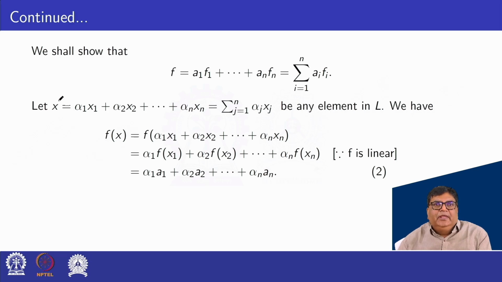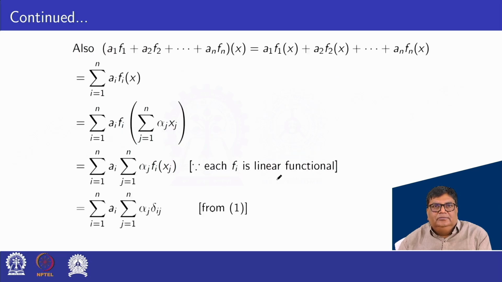We have f(x) is equal to f of this term, and f is a functional, so we can write alpha 1 f(x1) plus alpha 2 f(x2) plus and so on alpha n f(xn), because f is linear. f(x1) is a1 by this, so we get alpha 1 a1 plus alpha 2 a2 plus and so on alpha n an.